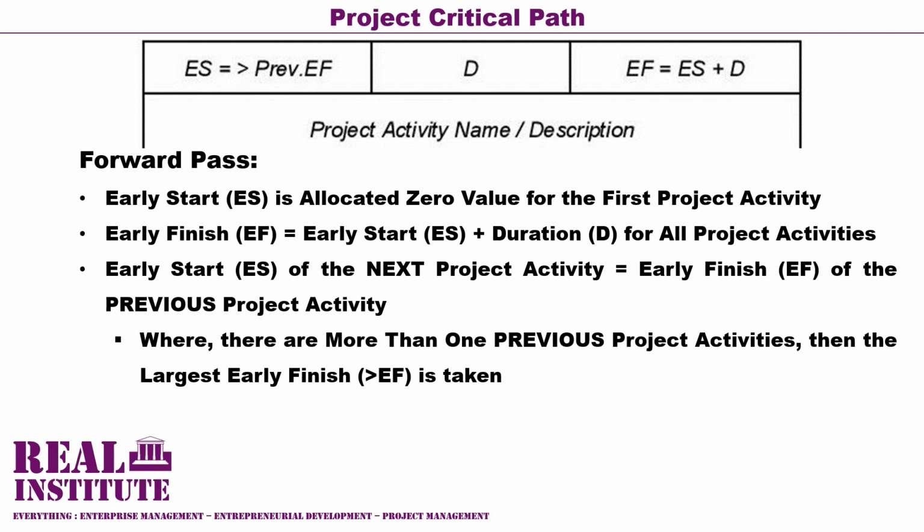You would also recall that we said early finish refers to the earliest time that a project activity can finish. For each project activity, this is calculated by adding the early start value and the duration value. That is, early finish in each project activity is the sum of its early start value and its duration value.